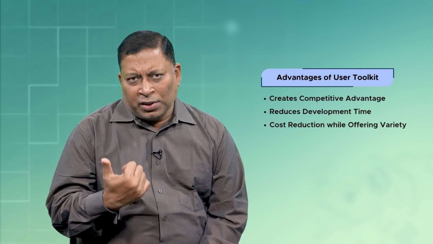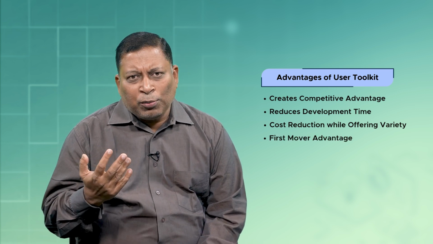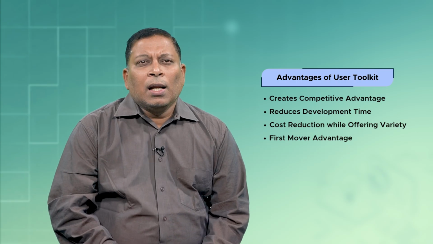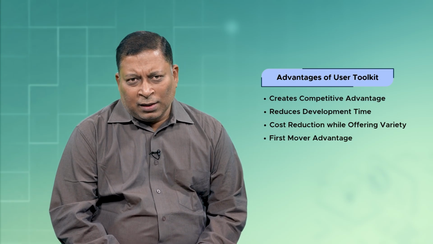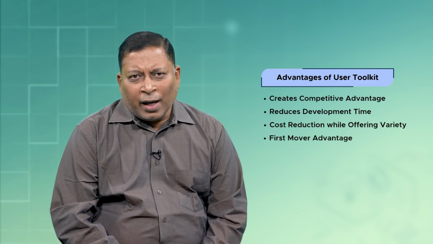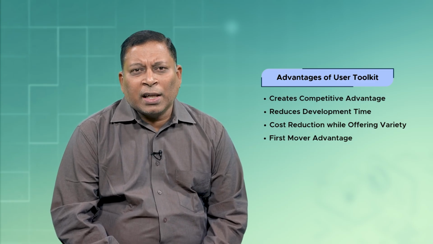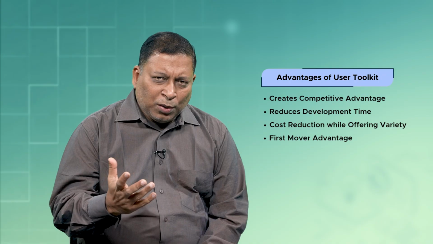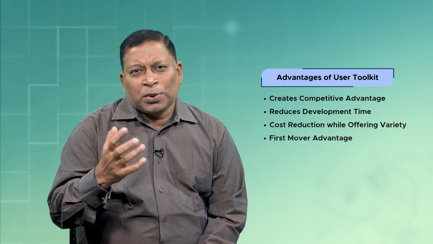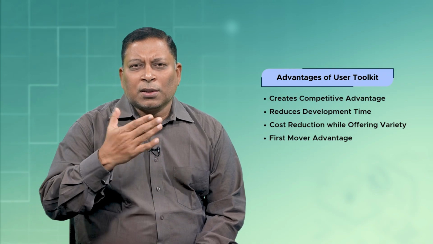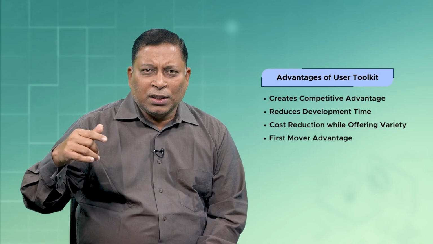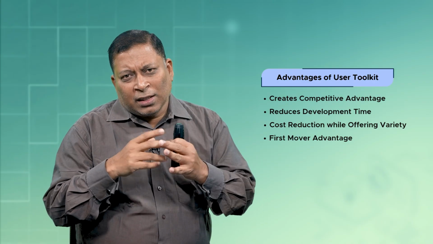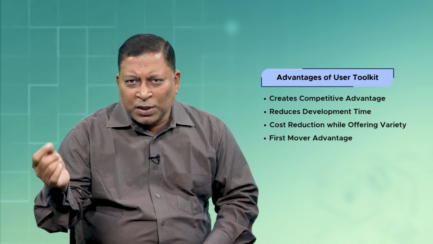So essentially, cost reduction. If you are a first mover in providing a user toolkit, it helps the company maintain competitive advantage, and competition will take time to learn. Think of providing different options of color shades versus that shade card which you can use in the tinting machine, the machine which mixes the base colors and produces a specific color.